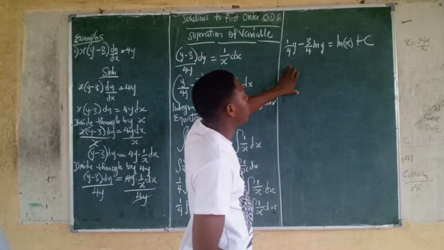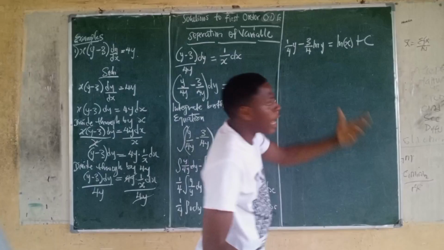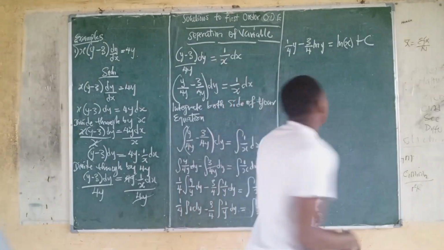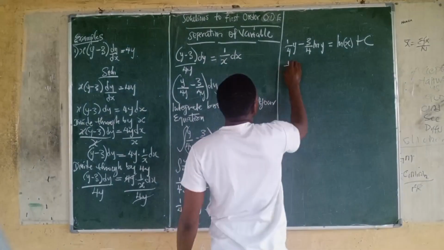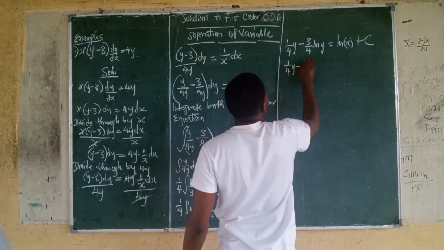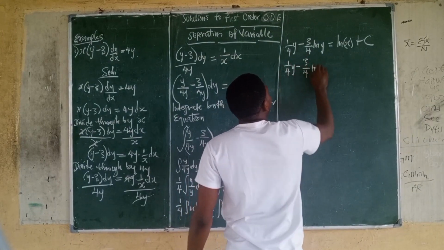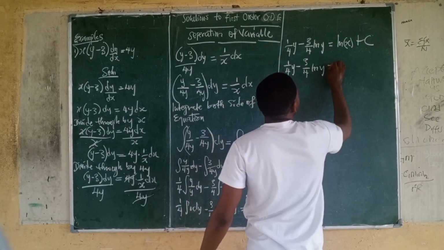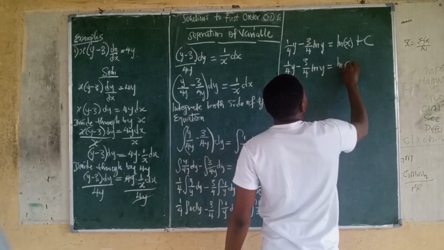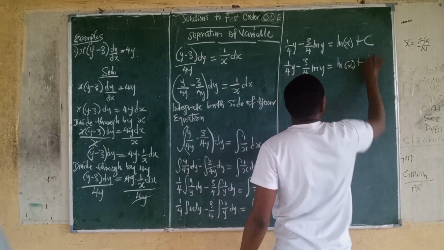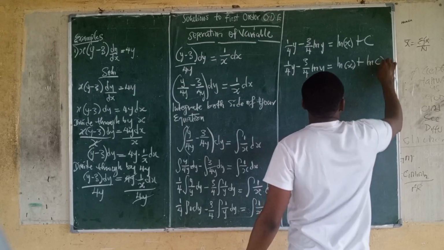Since we have ln on this other side, we have ln on this other side. Our constant will go with ln. So this can be written as 1 over 4 y minus 3 over 4 ln y, and this is equal to ln x plus ln c.